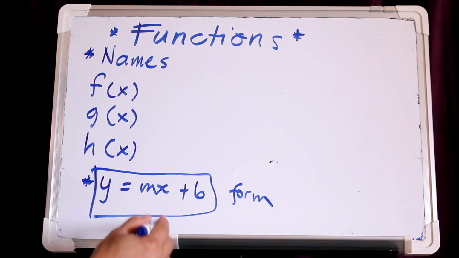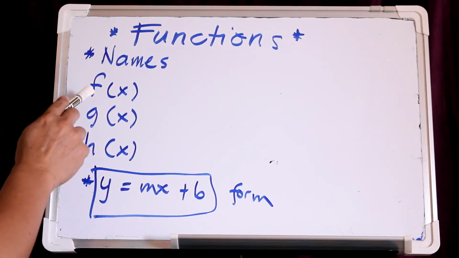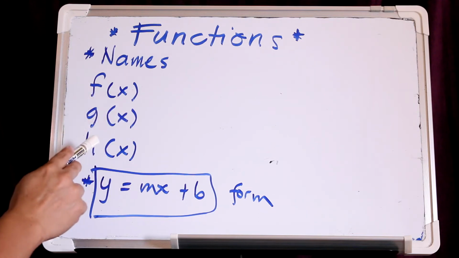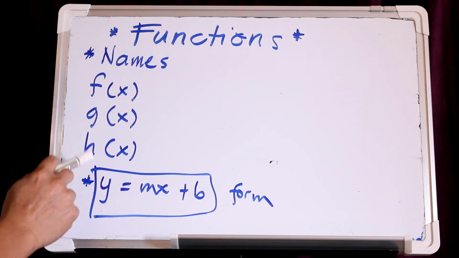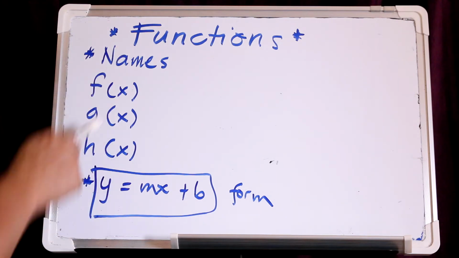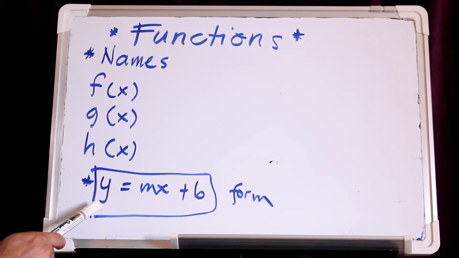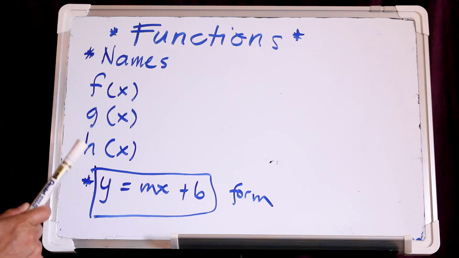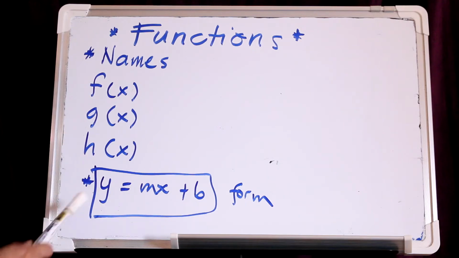But the proper way is you start with the name of the function. So this is also another way of writing. That means when you are going to graph the functions, you are going to write it this way. So you are going to find the value of the y.